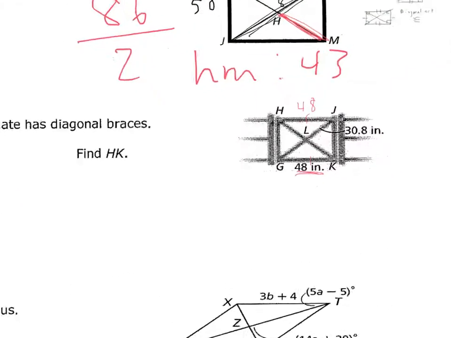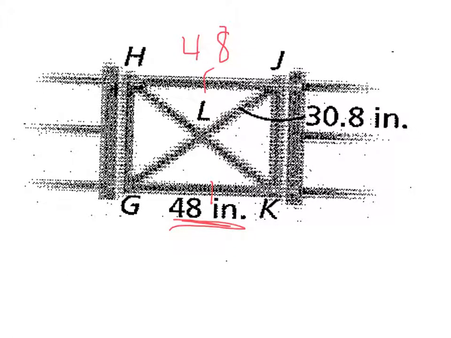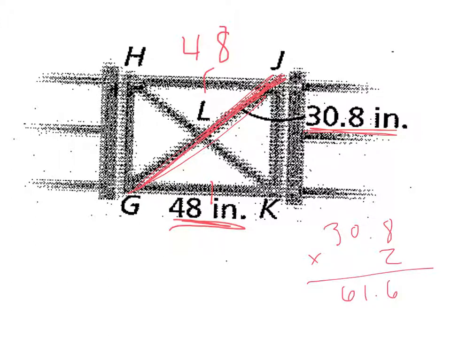Okay, let's find HK. Now we're going to have to figure out what our diagonal is. So since we know that LJ is 30.8, we know that LG would have to be twice that amount. So 30.8 times 2 would give us 61.6.